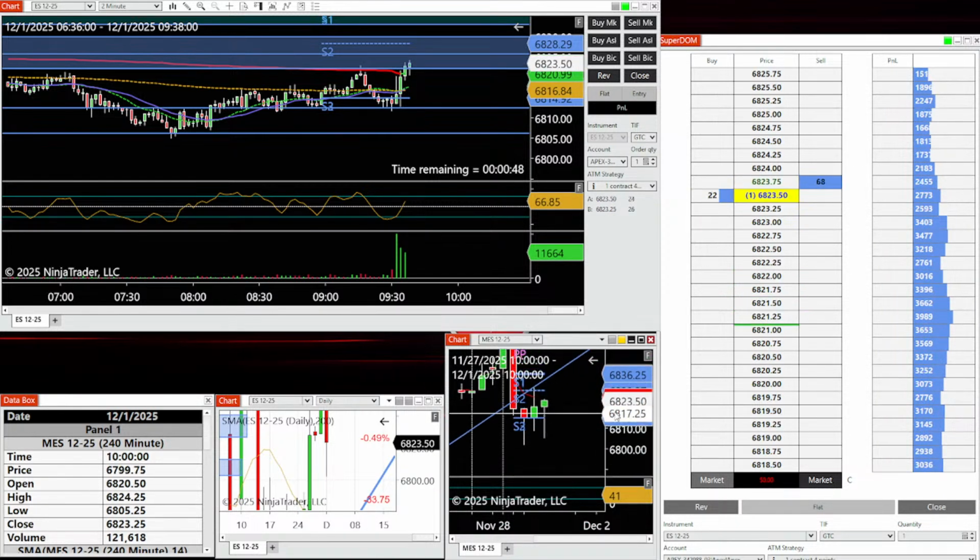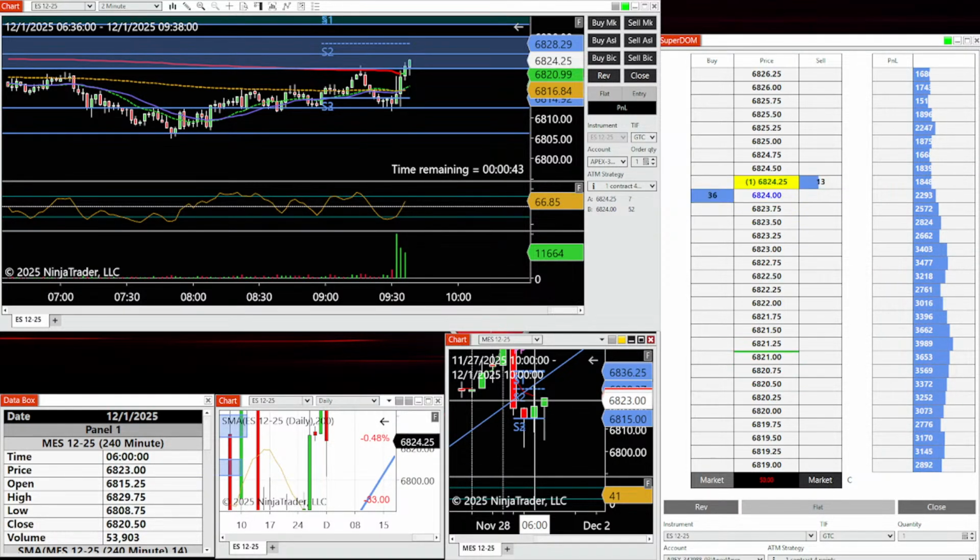Red to green on a 4-hour bar, can try to get back to the 30.